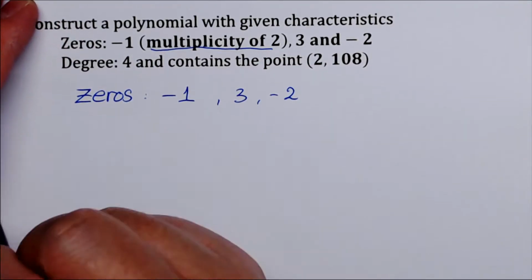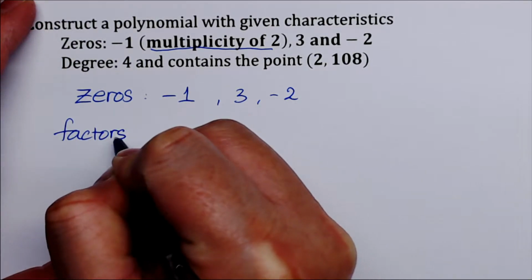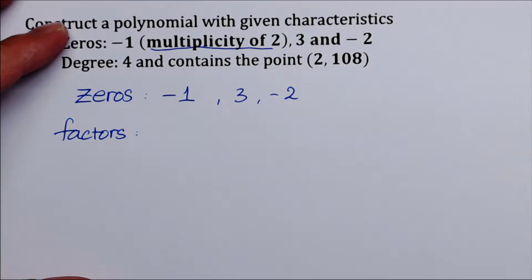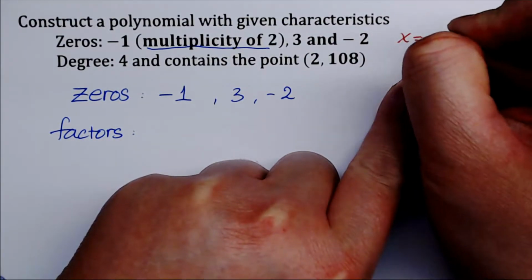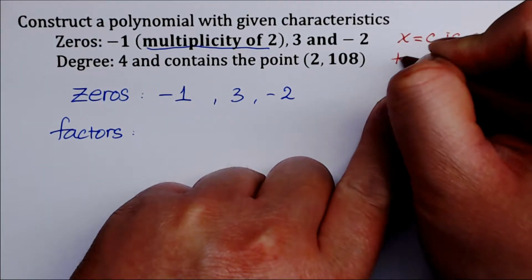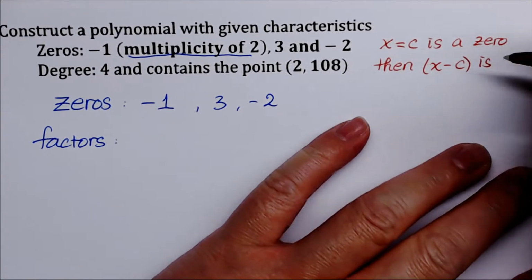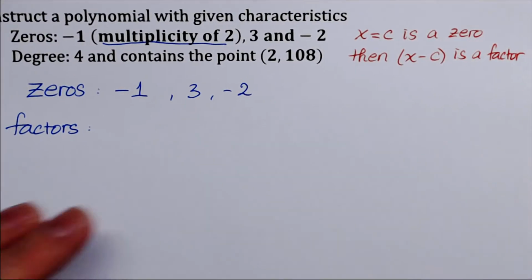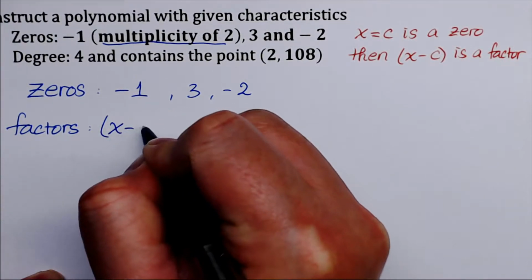Right, first, there's the zero factor theorem. It says that if c is a zero, then x minus c is a factor. I'll write it out. If c is a zero, then x minus c is a factor. Right, so negative 1, we're going to have x minus negative 1.